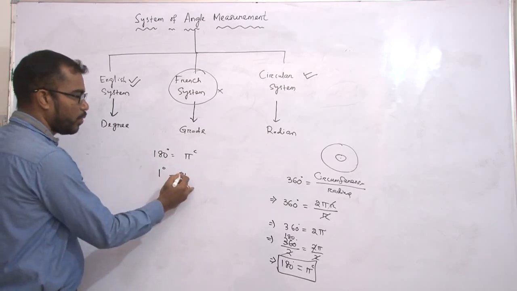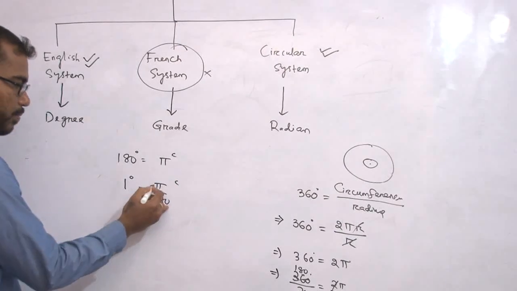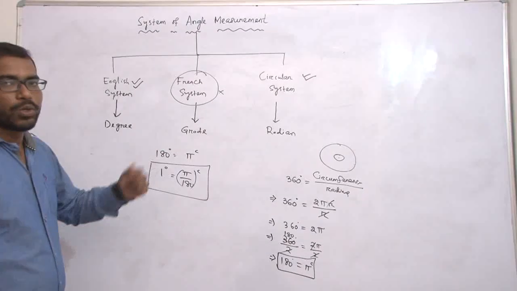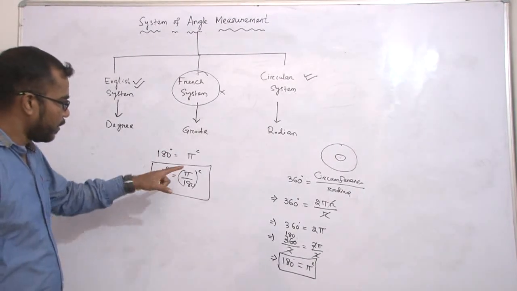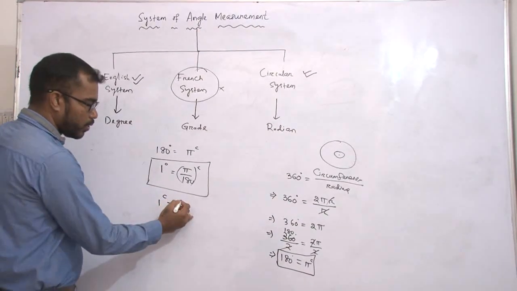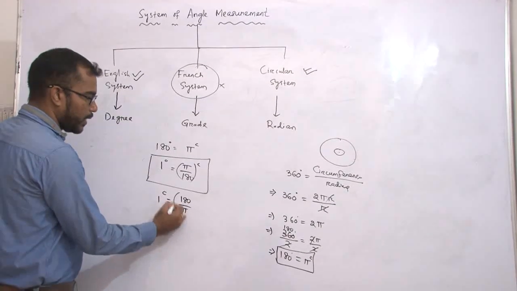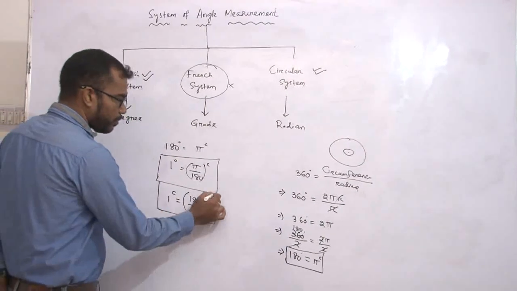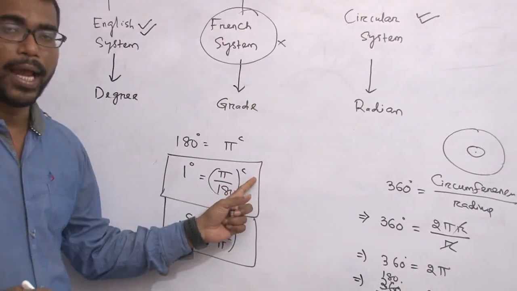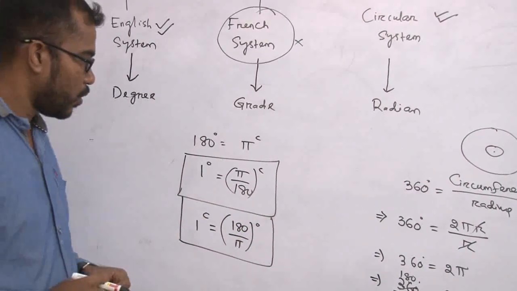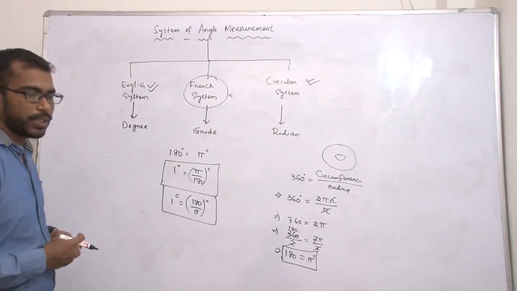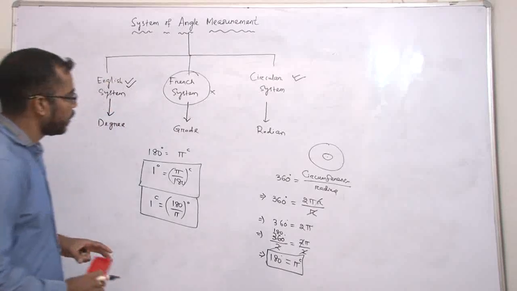So 1 degree is equal to pi by 180 radians. Similarly, 1 radian is equal to 180 by pi degrees. So there are two formulas to convert degrees to radians and radians to degrees. We have discussed how to convert degree to radian and radian to degree. Now we take some examples to understand clearly.